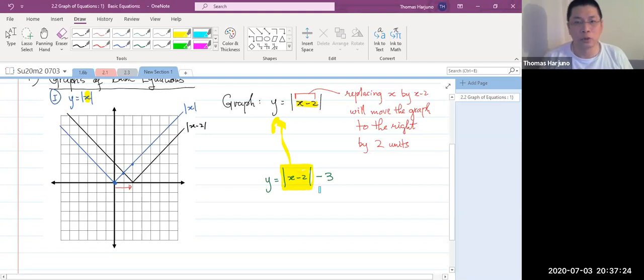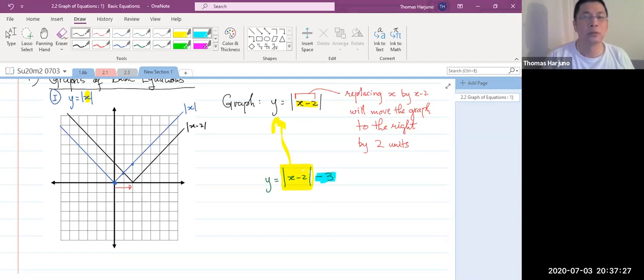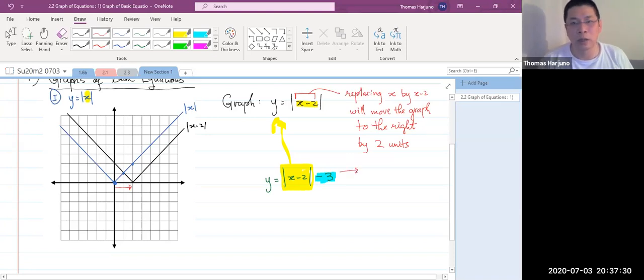But then subtracting the whole equation by 3 will move the graph 3 units down.